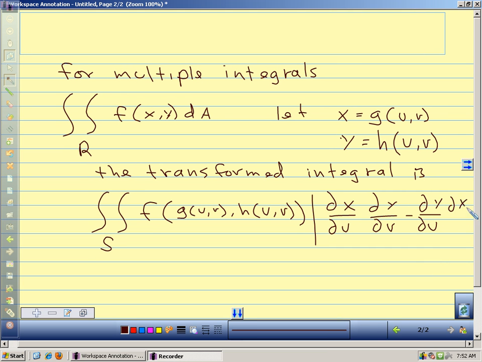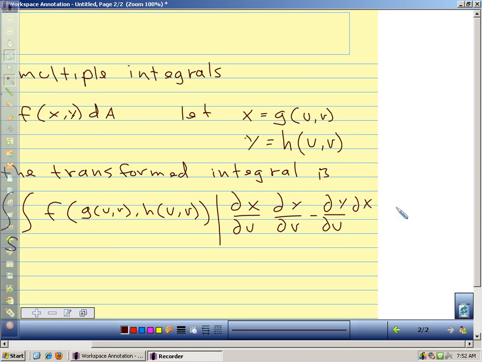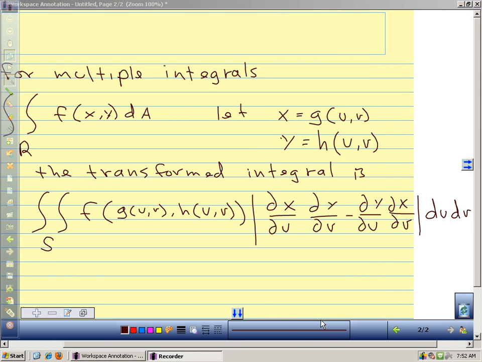And I need a little more room. My variables of integration become du and dv. So this quantity is similar to our dg/du in u substitution. And S is the region after the change of variables.